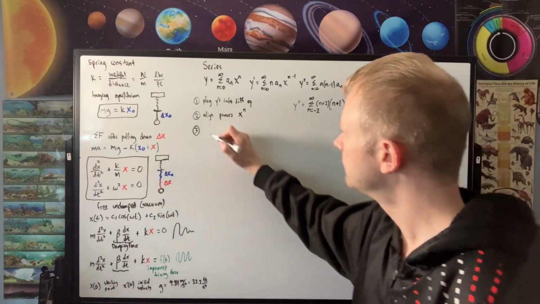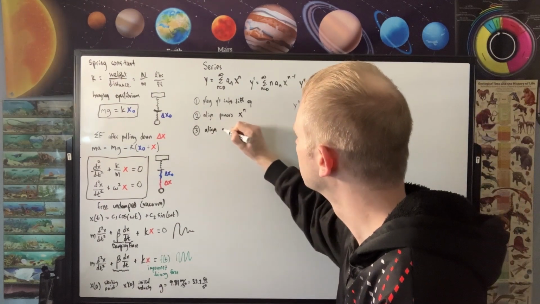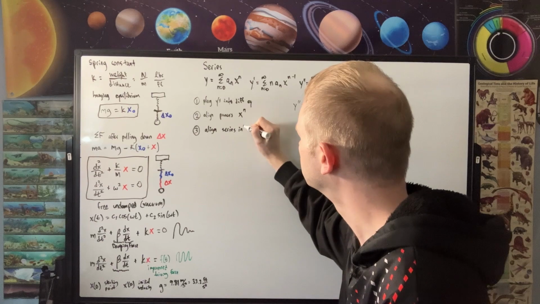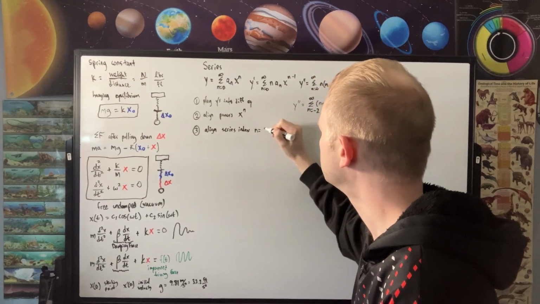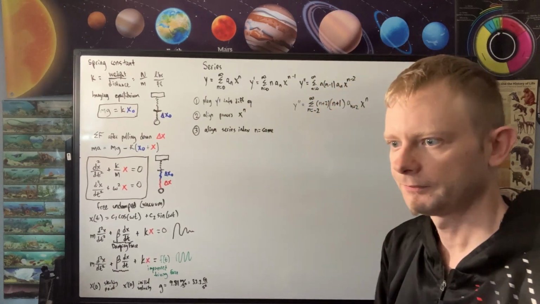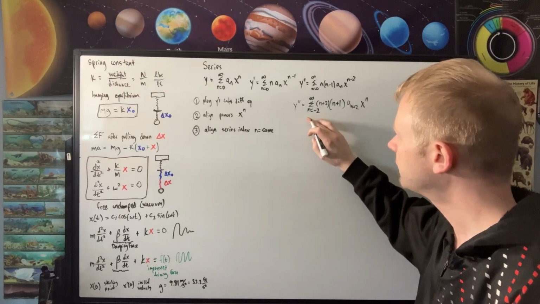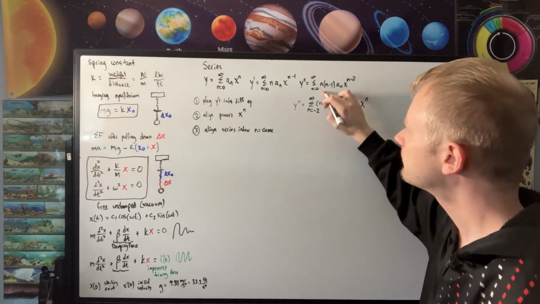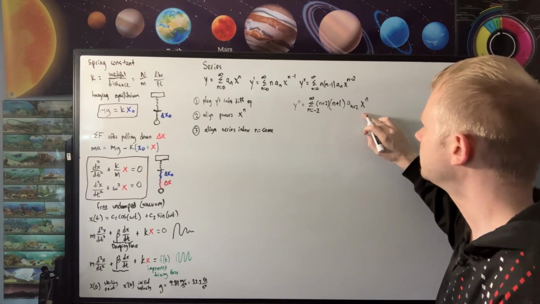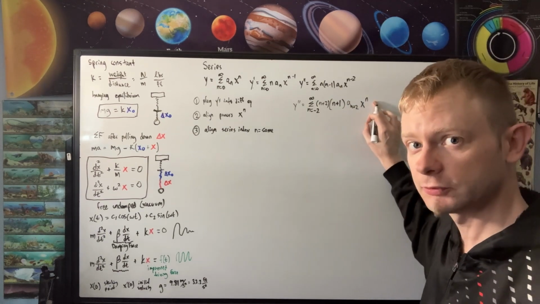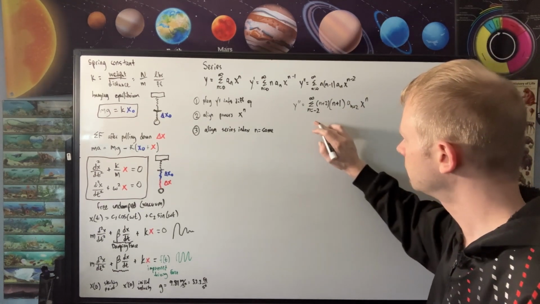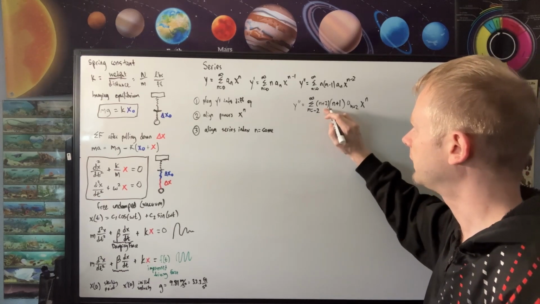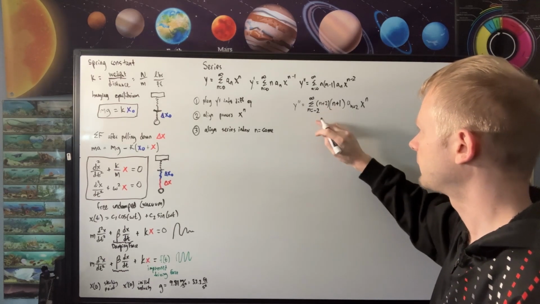The third step is to align the series indexes where n is equal to the same thing. As an example, let's see how we could take this n equals negative 2 and switch it back to n equals 0 while still maintaining x to the power of n over here, which is really important. Okay, so all we're going to have to do is plug in negative 2 right here, and that's what we're going to evaluate it at.